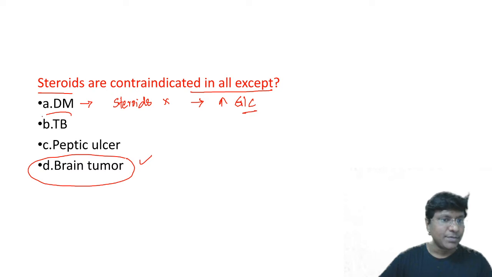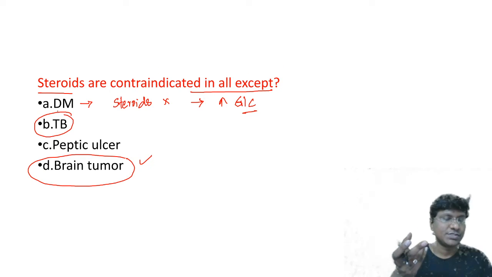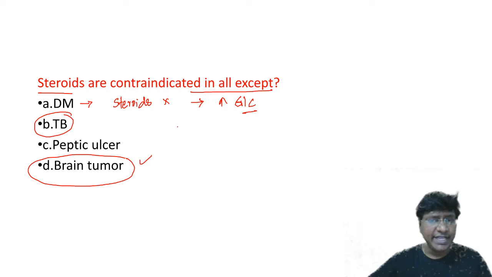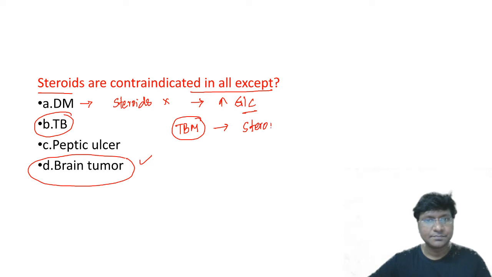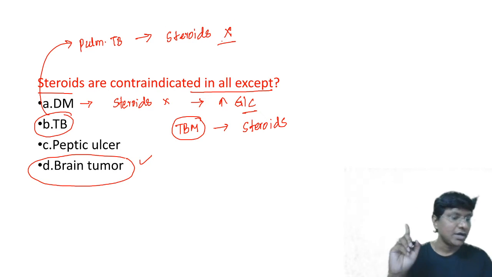Next, in case of tuberculosis, we have various forms of tuberculosis. We have pulmonary tuberculosis as well as extrapulmonary tuberculosis. In case of tubercular meningitis, I definitely accept you should give steroids. But in pulmonary tuberculosis, steroids are contraindicated.